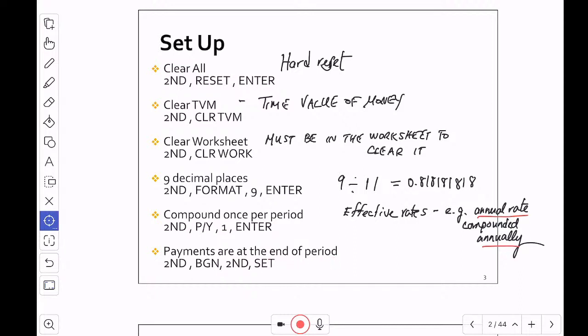However, in this class, we will change that. These are the steps to get it back. You need to make sure every time you use your calculator, you can double check that this is set. And it'll only be changed if you change it, because the factory settings are in end mode usually.